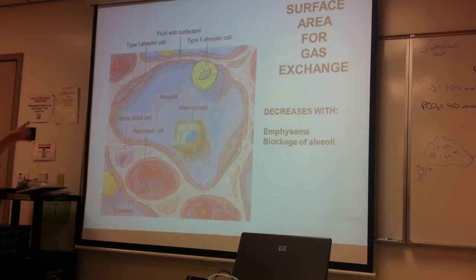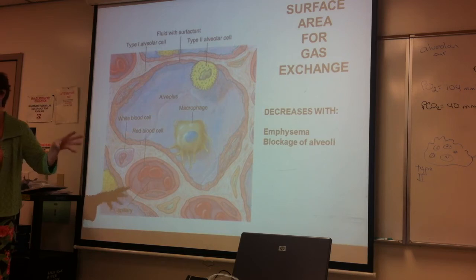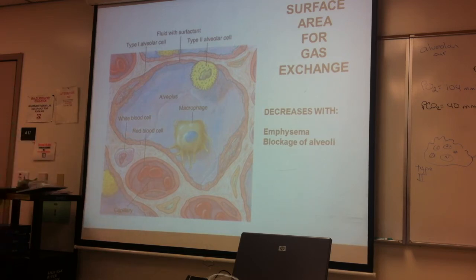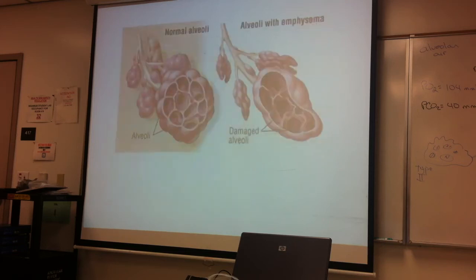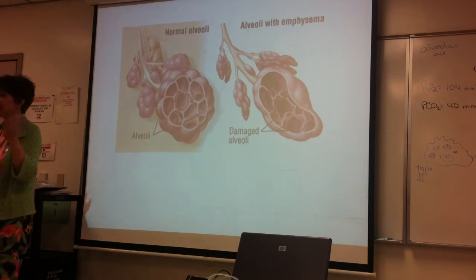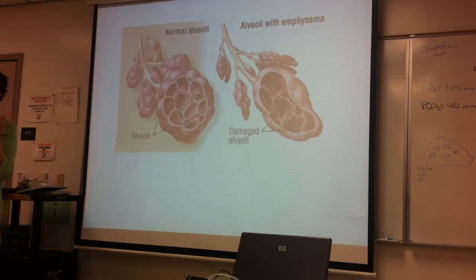Okay? So anything that causes a collapse of alveoli or a loss of lung tissue is going to affect that surface area. And emphysema, I have listed there, that causes a rupture of alveoli. So remember we said compliance was easier. You had higher compliance with emphysema because it's the small little alveoli that tend to collapse and are difficult to stretch.